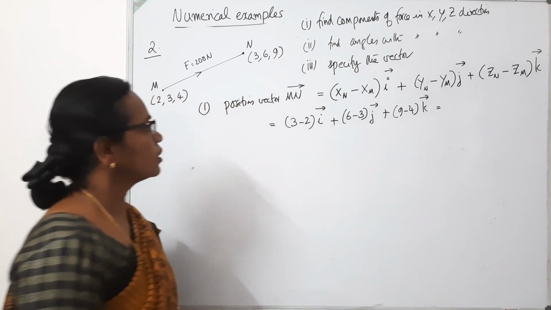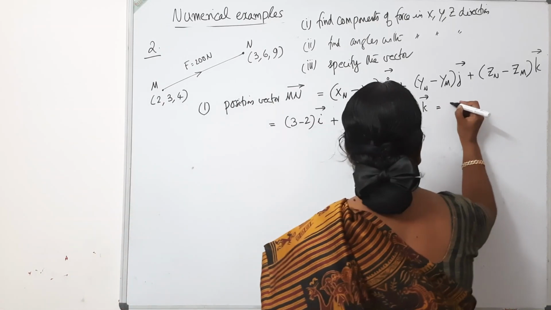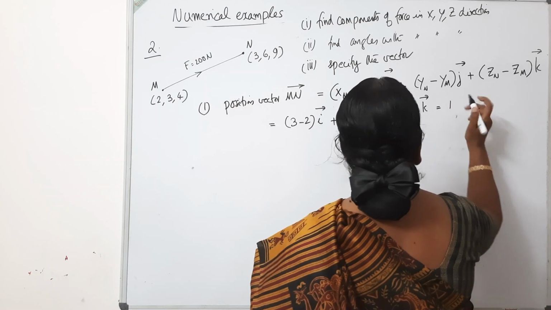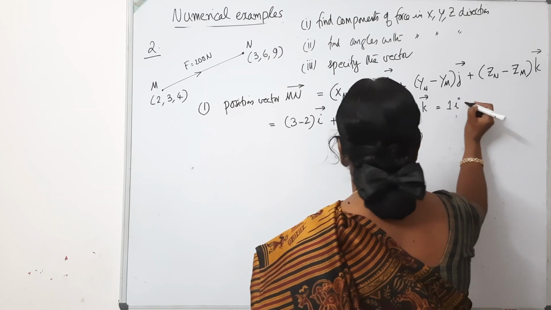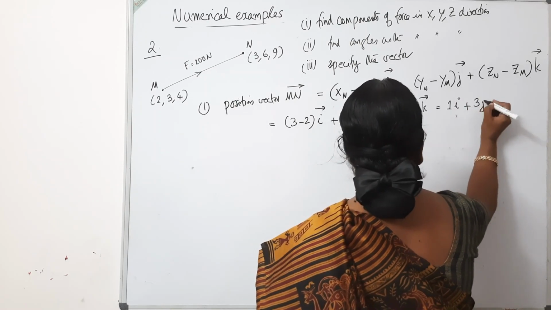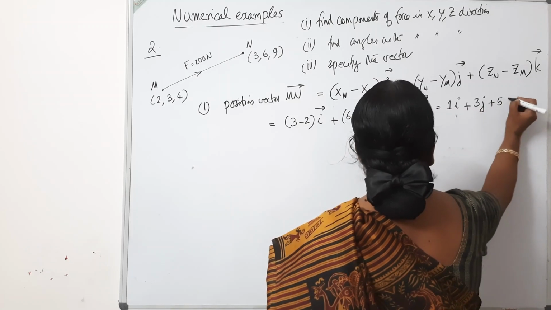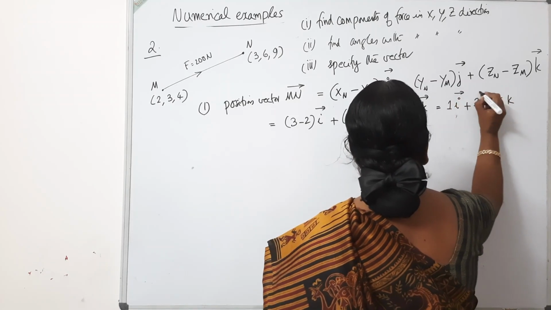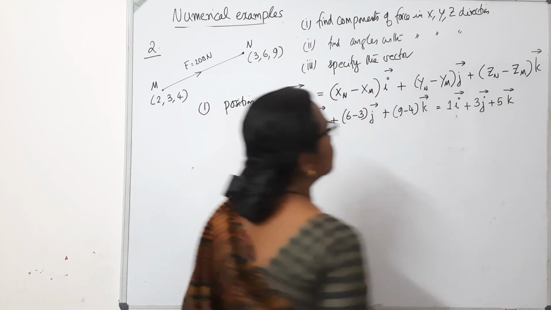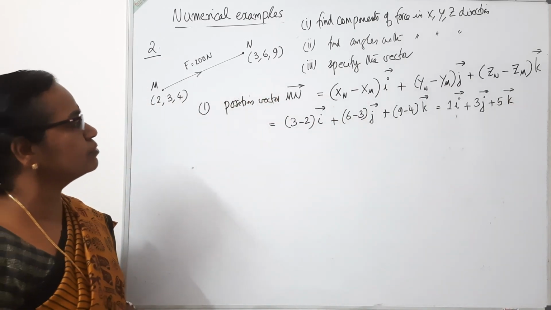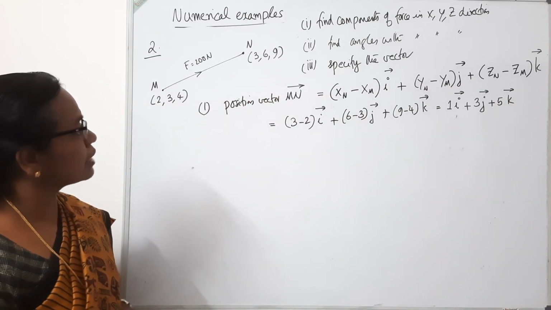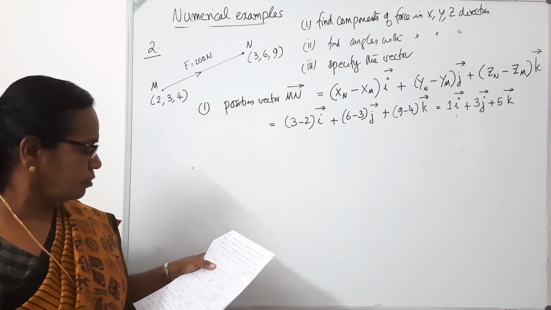So it will work out to 1i plus 3j plus 5k. So the position vector MN, the direction along which the force acts, is 1i plus 3j plus 5k.